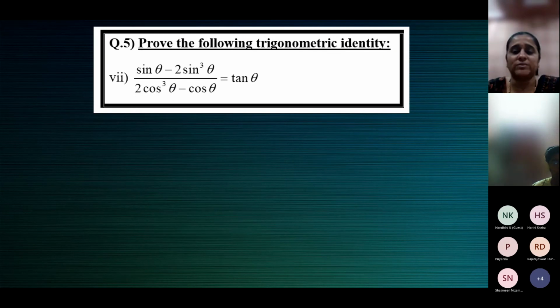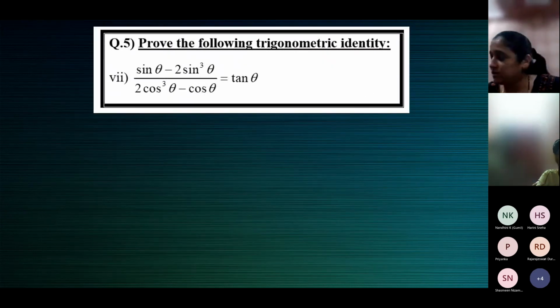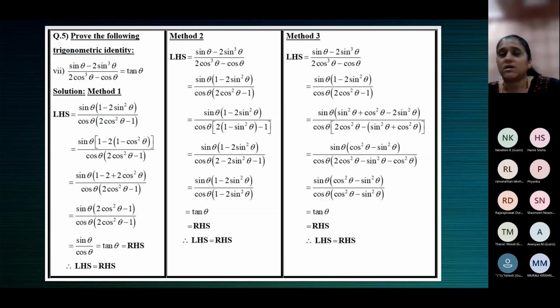Anyways, children, just give me 2 minutes. I'm winding up. Take a screenshot of this one. This is a part of exercise 8.4 in NCERT, but we have already done all these 3 methods earlier. But I want you to work this again in your notebook. Take a picture. You can see the question here, the identity here.